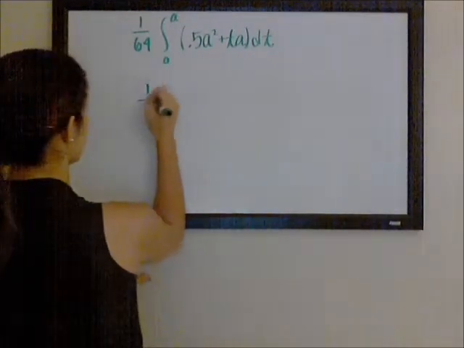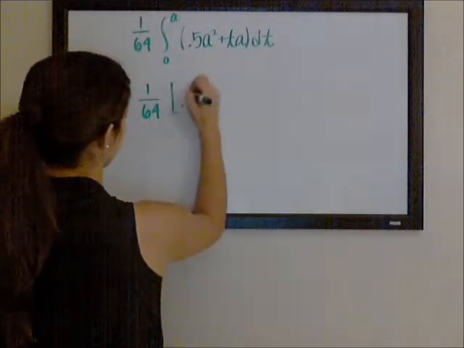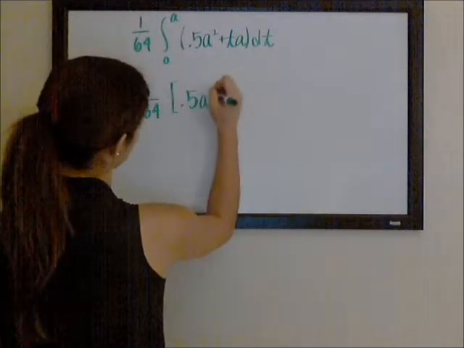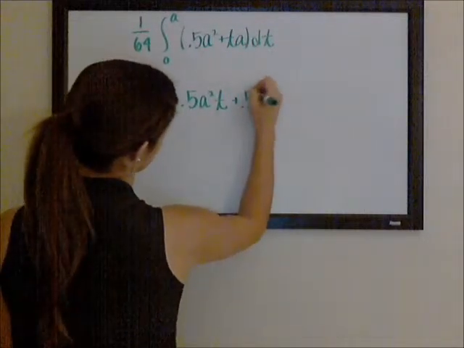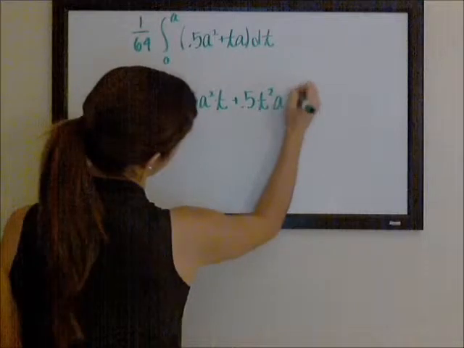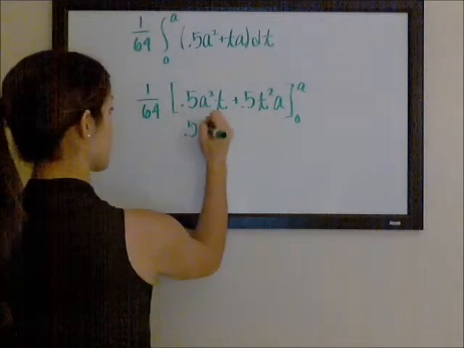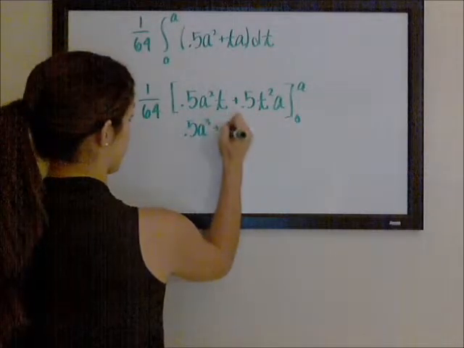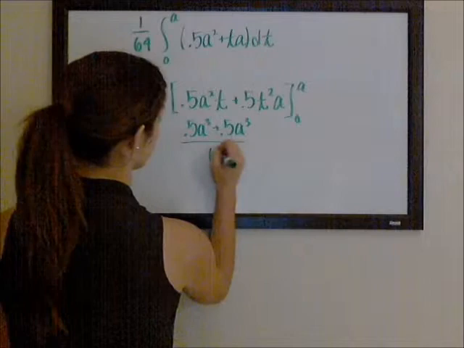Okay, so this is 1 over 64 times, integrating with respect to t, 0.5 a squared t plus 0.5 t squared a evaluated from 0 to a, which is 0.5 a cubed plus 0.5 a cubed over 64.